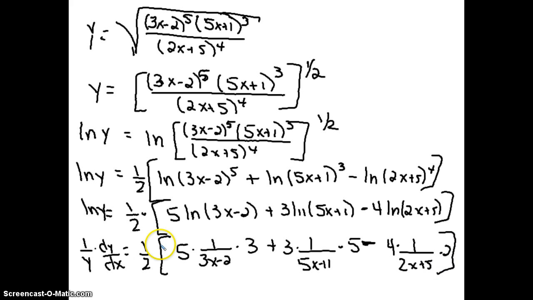And then just bring the y over. So dy/dx would be 1/2 y times all of this, and no need to simplify.